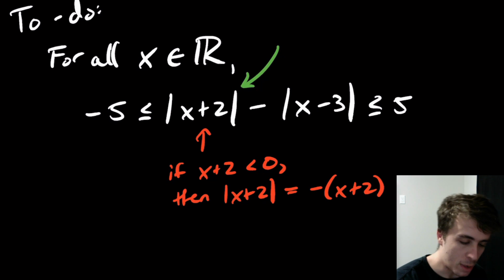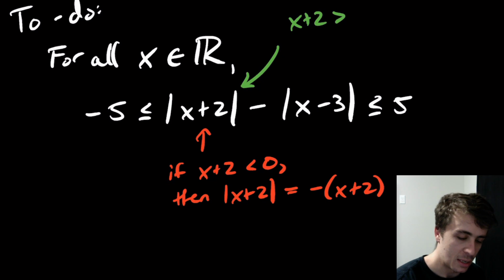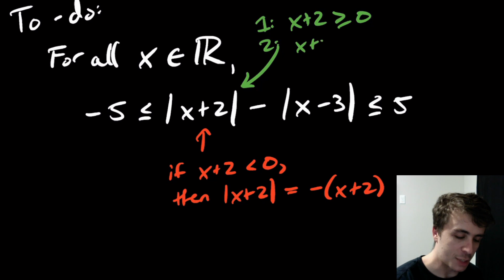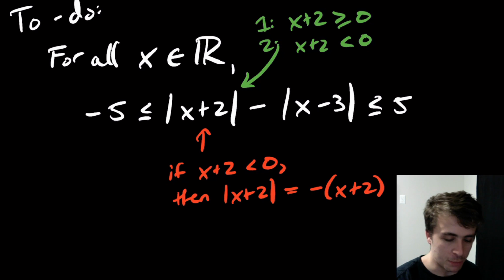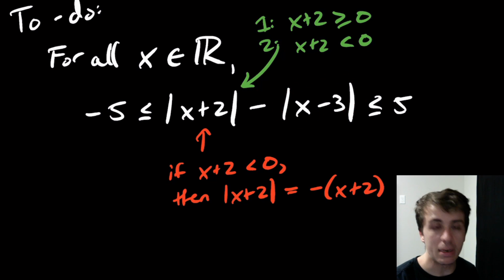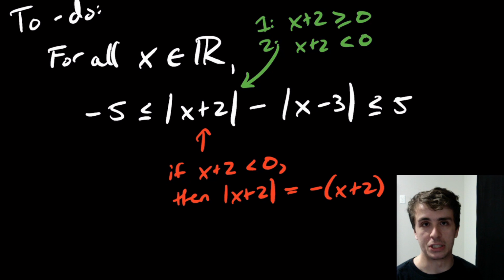So the one case as a hint would be that x plus 2 is at least 0, and that's case 1. And case 2 would be if x plus 2 is less than 0. And you may need to do some cases about x minus 3, but I'm interested to see what all of your techniques are. So hopefully that was interesting.